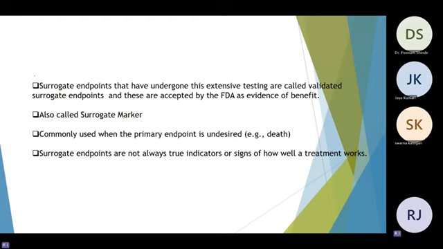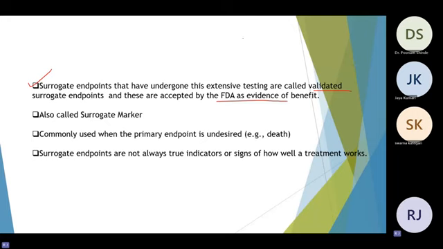Everybody is clear so far, right? Okay, a few more things about the surrogate endpoint. Surrogate endpoints that have undergone this extensive testing are called validated surrogate endpoints, and these are accepted by the FDA as evidence of benefit, because in the last 30-40 years we have used many surrogate endpoints instead of primary endpoints.